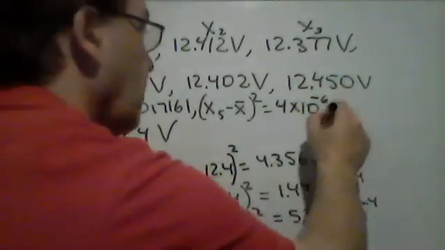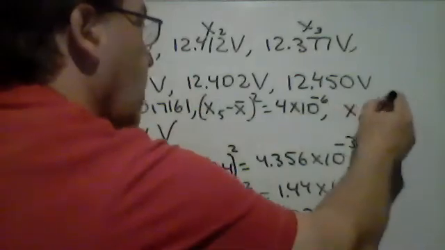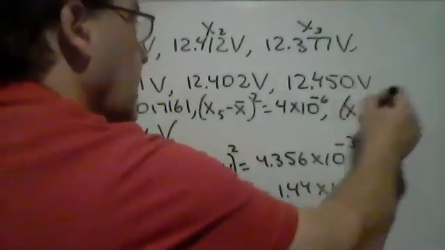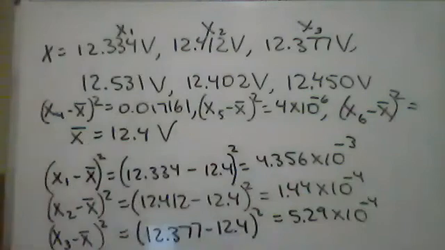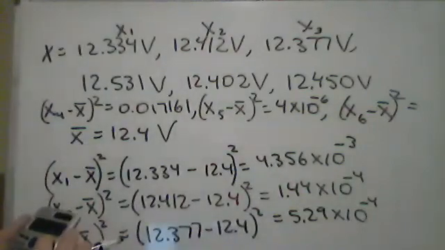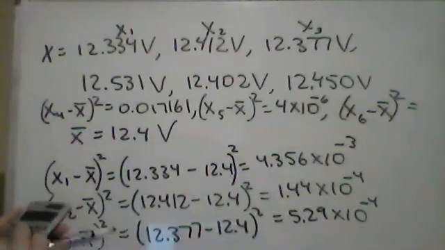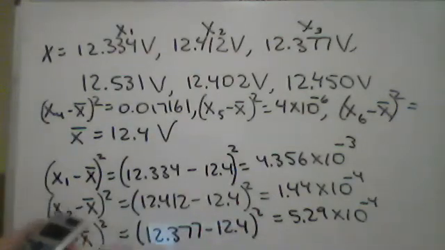And finally, apologize for all this, X6 minus X bar. Again, I'm just kind of going through the painful calculation, but Excel can do this for you as well. 12.45 minus 12.4, square that, 2.5 times 10 to the negative 3.